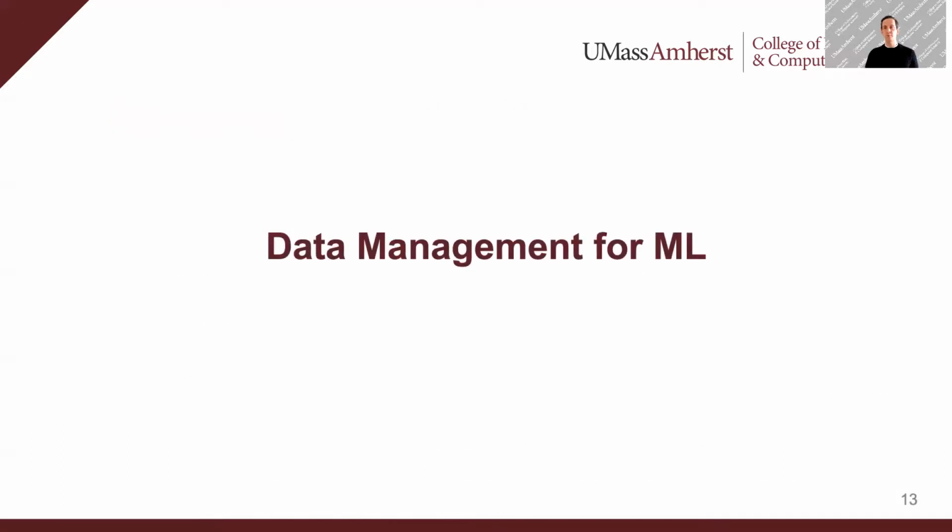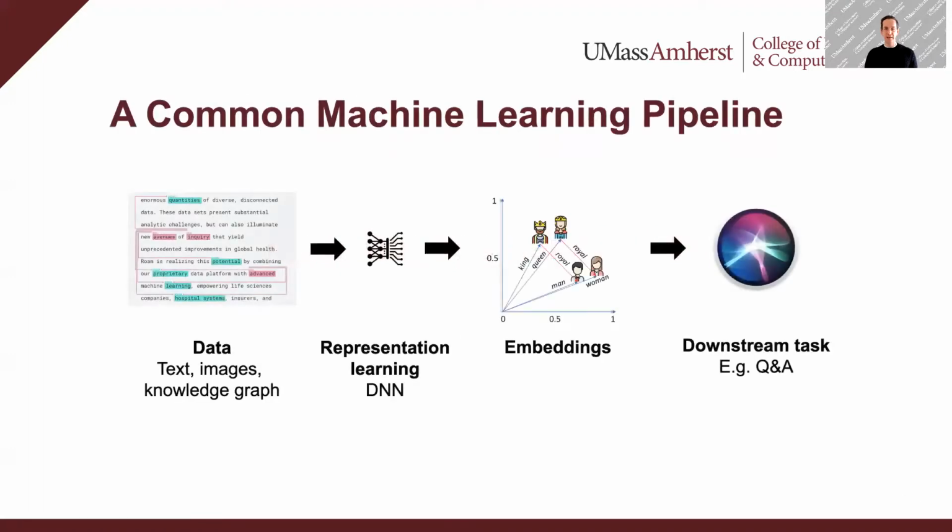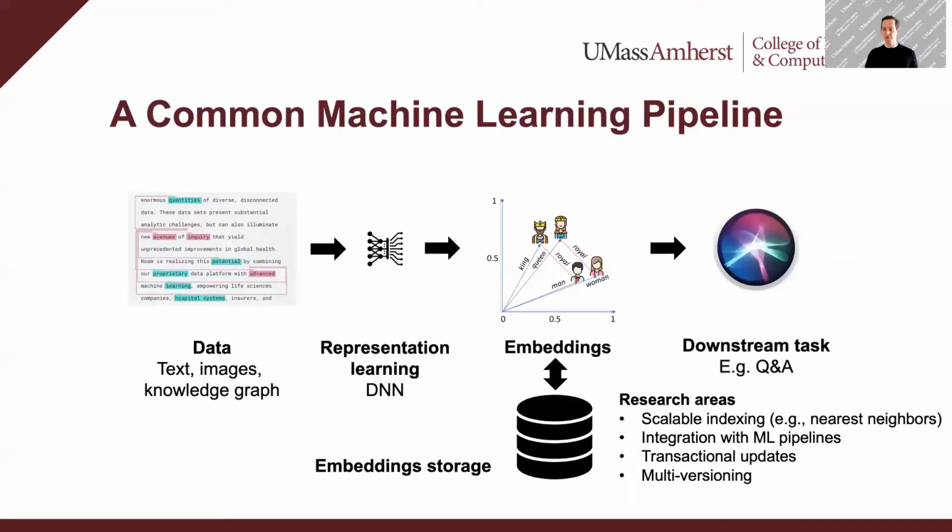Finally, one last area that I'm working on is data management for machine learning. As we have discussed, a common machine learning pipeline is to first learn the representation of your data, come up with some embeddings, and then run some downstream task. One important issue in terms of systems for machine learning is how to store these embeddings and retrieve them efficiently.